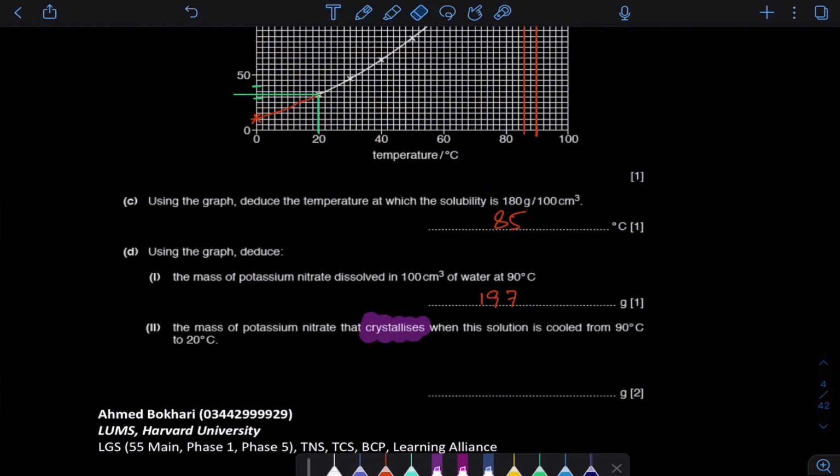So 197 minus 32. So that is my value, which is what? 165 grams. And that is the answer that I get.